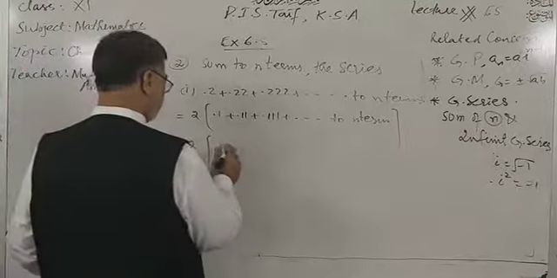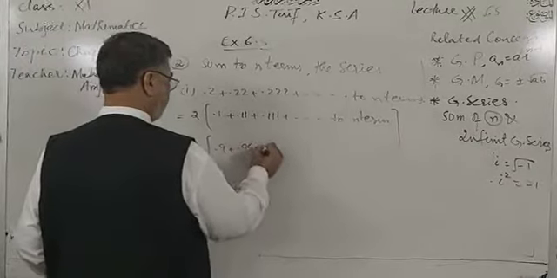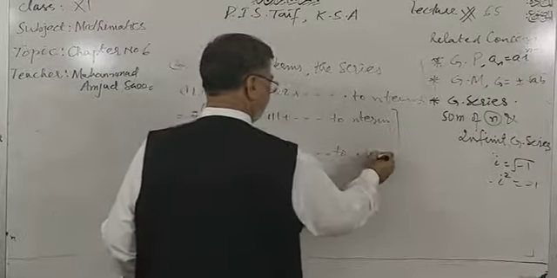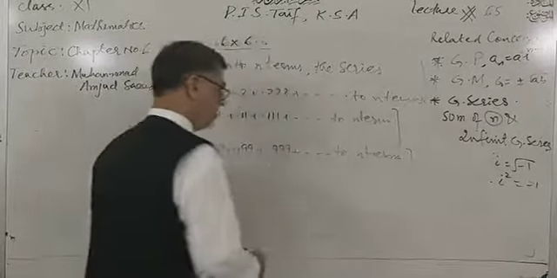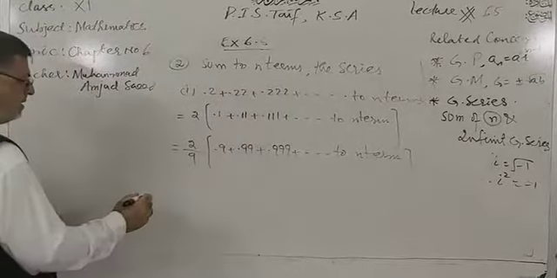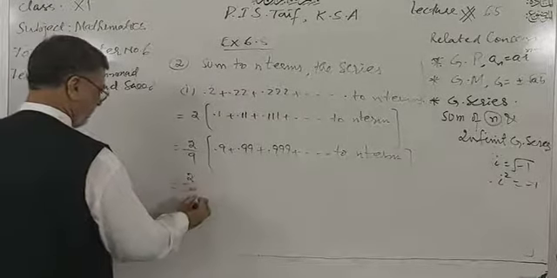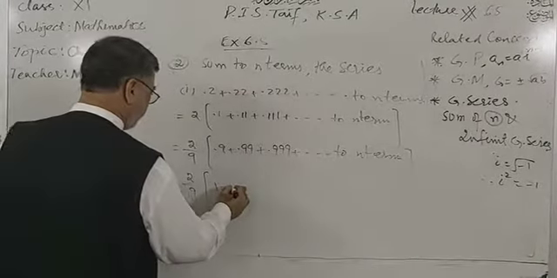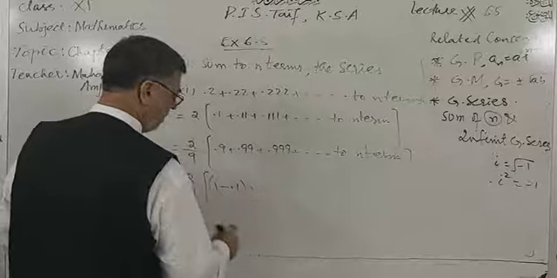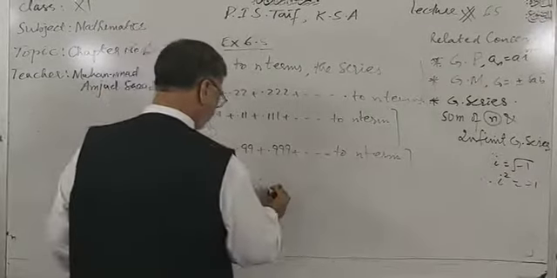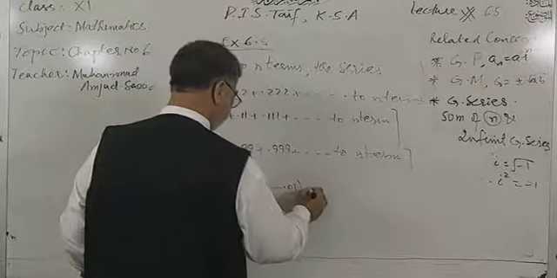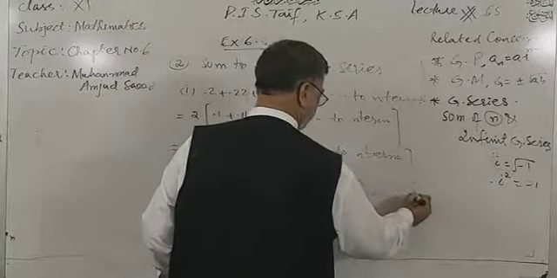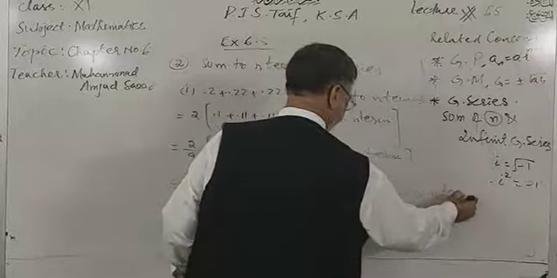So here is 0.9 plus 0.99 plus 0.999 plus so on to n terms. Dear students, 2 over 9, and 0.9 can be written as 1 minus 0.1, 1 minus 0.01, 1 minus 0.001 plus so on to n terms.